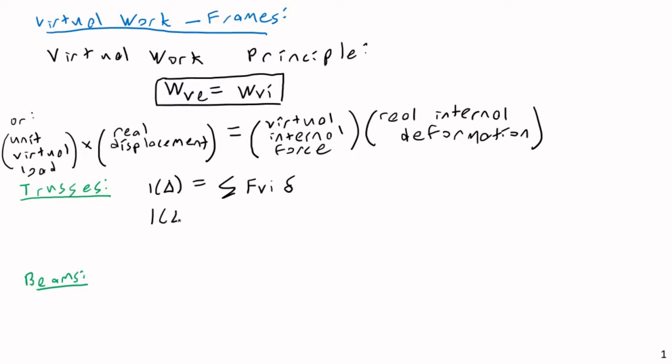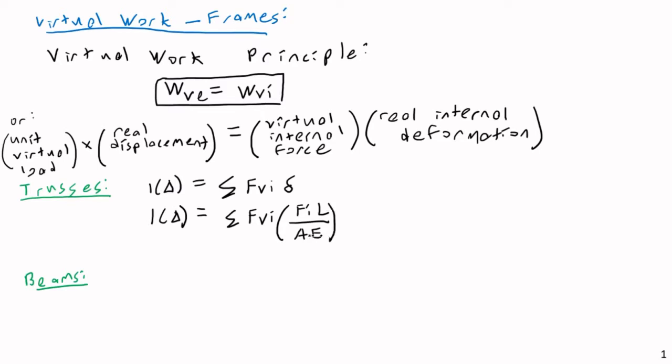The expression for the member elongation is F internal, the real internal force, times the member length divided by AE.